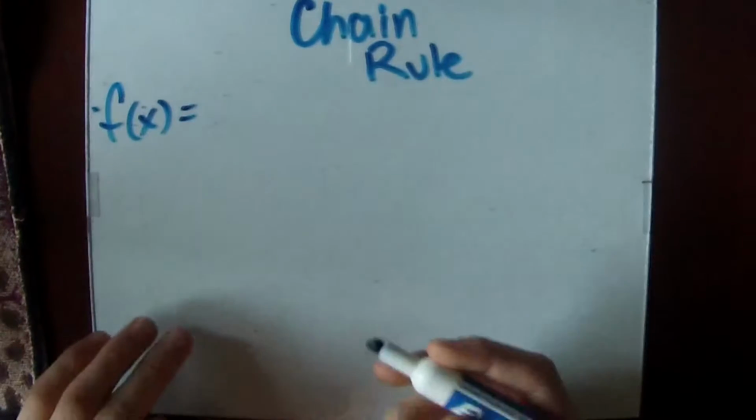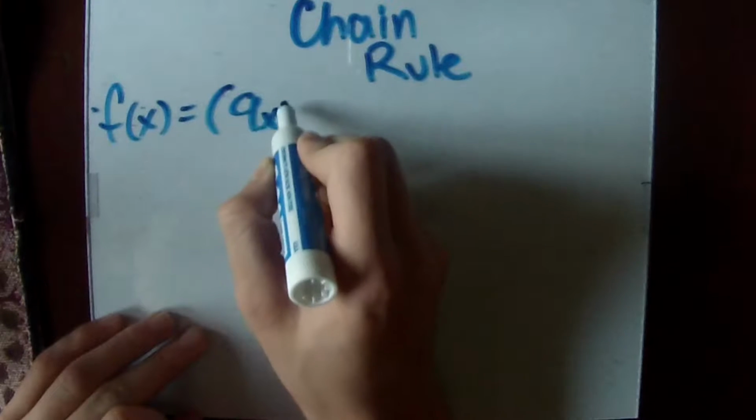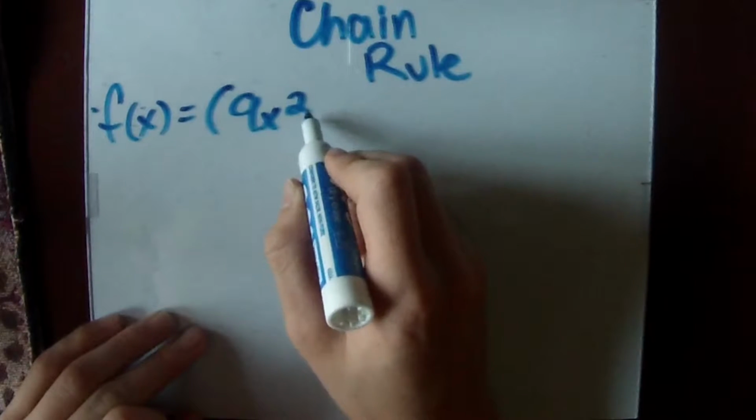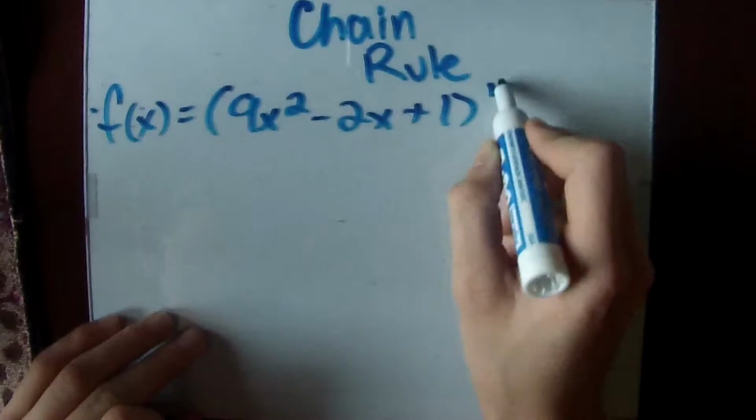So I'll show you another example of this. So for example, f of x equals, let's say, (9x squared minus 2x plus 1) to the 4th power.